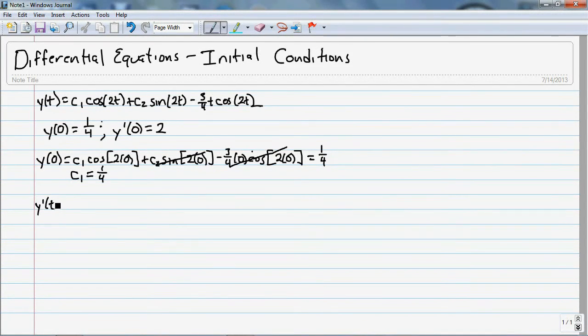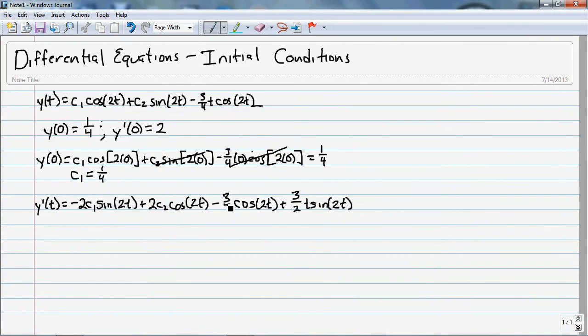So my derivative is going to be negative 2c1 sine 2t plus 2c2 cosine 2t minus 3/4 cosine 2t plus 3/2 t sine of 2t.